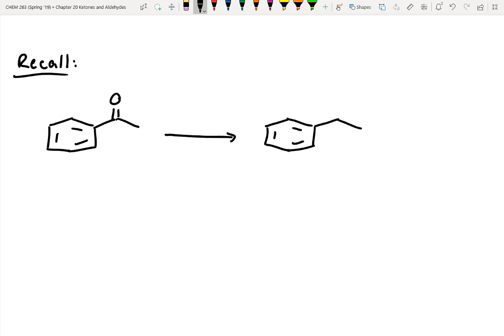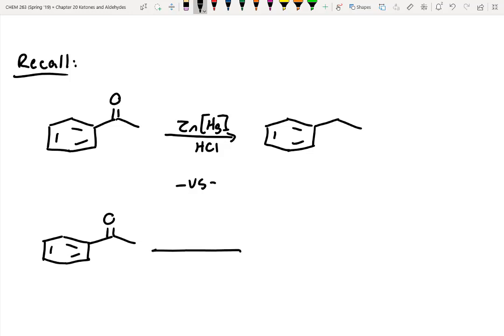Does anybody remember the reagents we need? Zinc, mercury, and HCl, right? This is the Clemmensen reduction. All right. Cool thing is you can do this a different way.